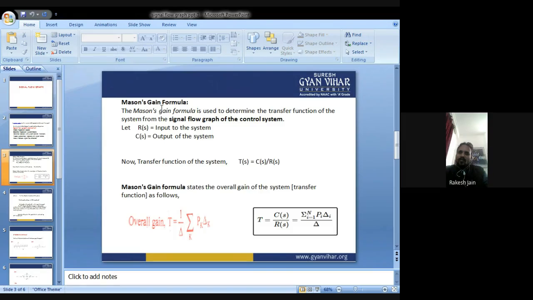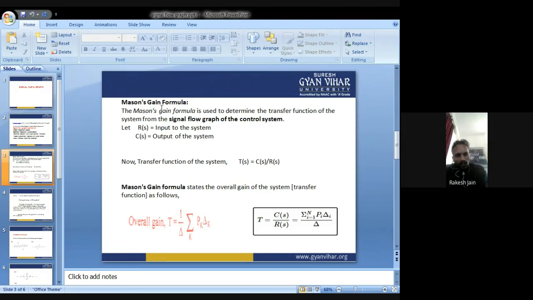So k will be a numeric value that shows how many forward paths there are. Once we find the number of forward paths, the formula is converted accordingly. For example, if you find only one forward path, then the formula for the transfer function is C(s)/R(s) equal to T1 delta 1 upon delta only.